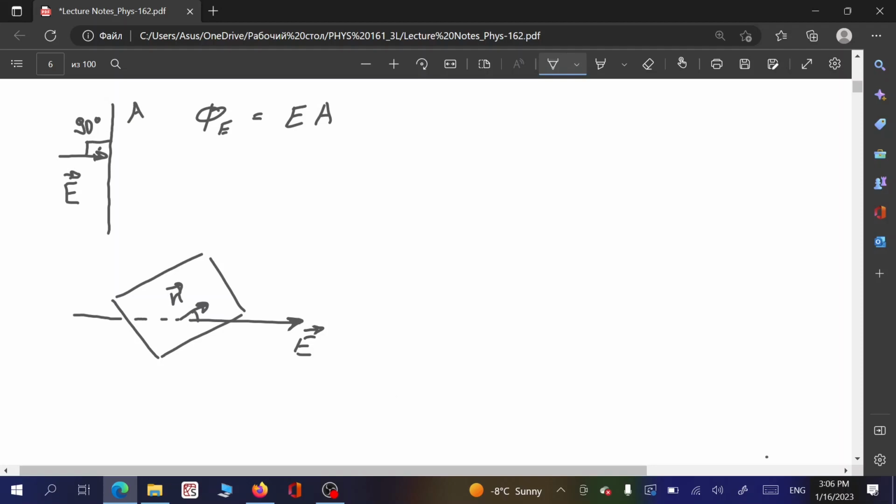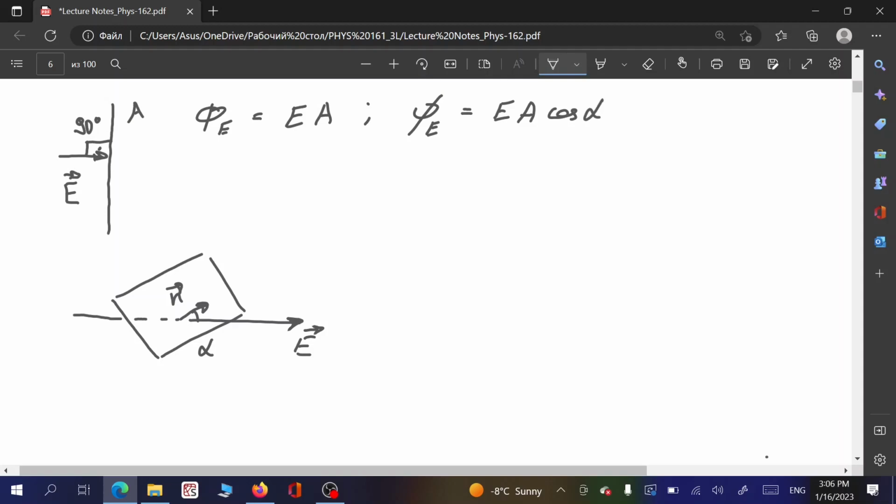So then we consider this angle alpha, and in this case, electric field flux can be determined as the magnitude of electric field times area times cosine alpha.